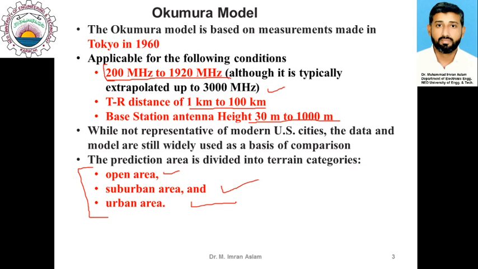Although this model, because it was based on the measurements done in 1960, does not truly represent modern cities, still it is commonly used for comparison between different models. So it provides a good basis for the comparison.